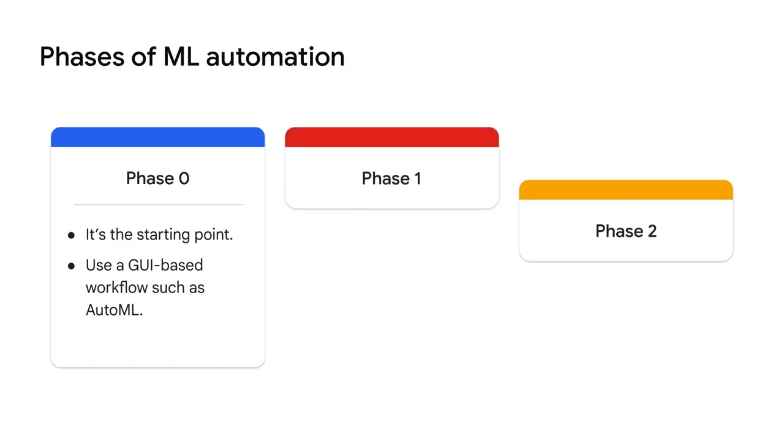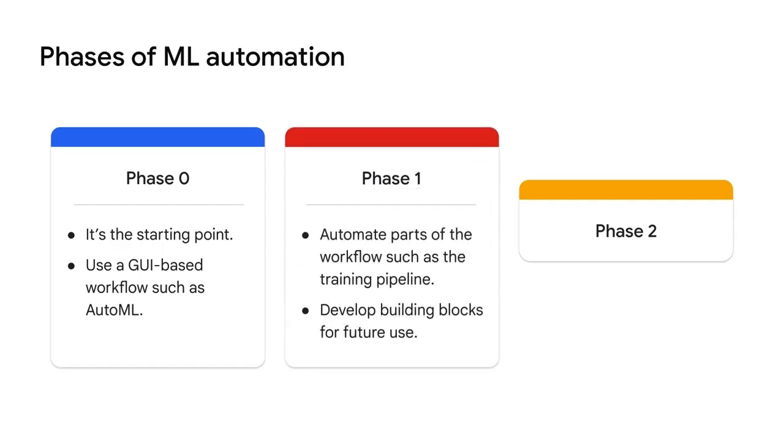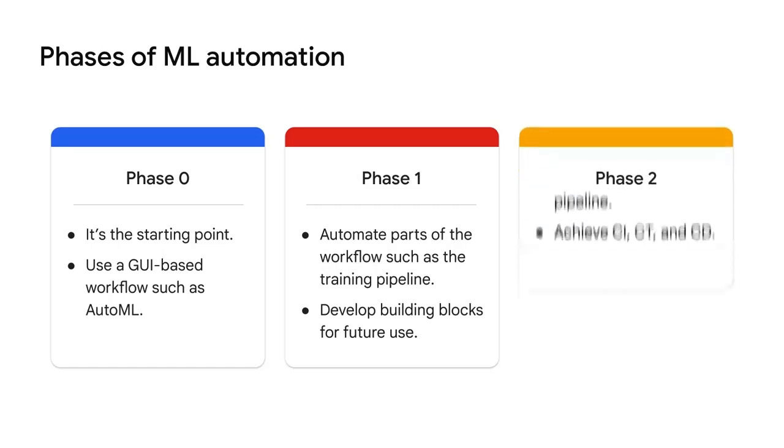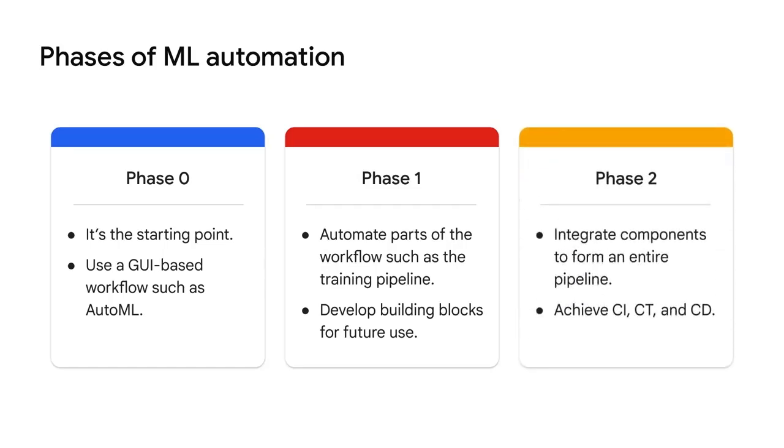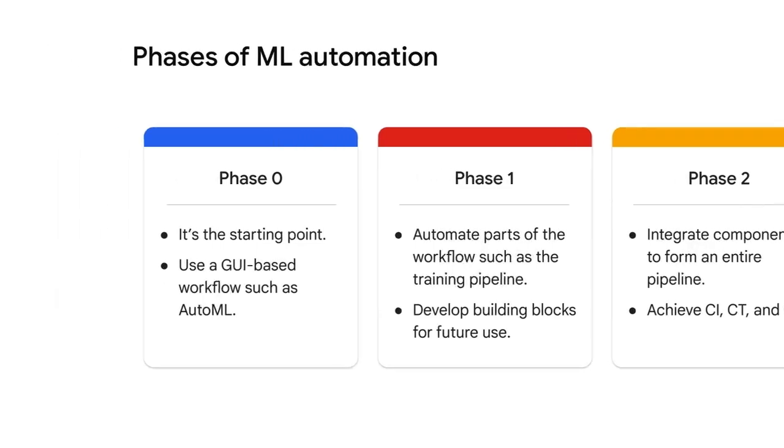In Phase 1, you start automating your ML workflow by building components using Vertex AI Pipelines SDKs. An example of a component would be the training pipeline. It is in this phase that you develop the building blocks for future use. In Phase 2, you integrate the separate components to form an entire workflow and to achieve CI, CT, and CD.